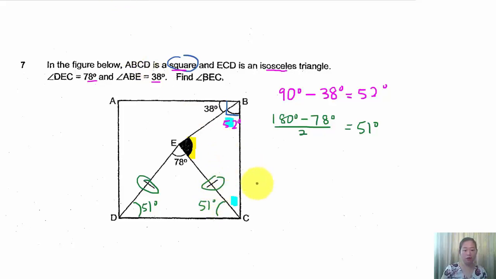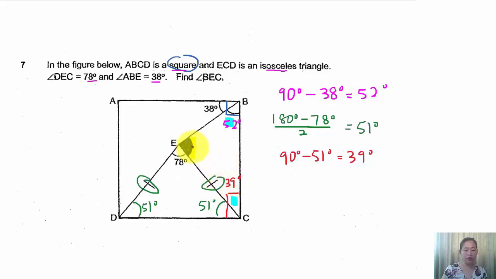So now we know that this is also 90 degrees. So if we use 90 degrees minus 51 degrees, it will be equal to 39 degrees, which is actually at here.